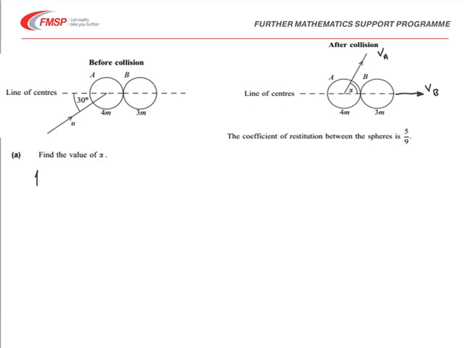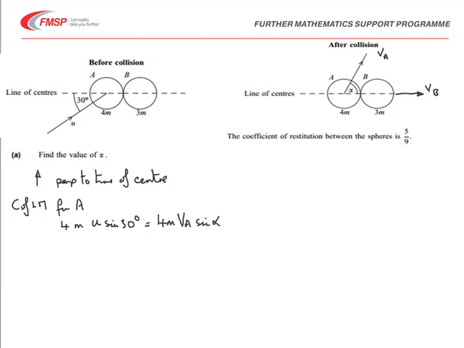So perpendicular to the line of centres, then there's only A's momentum to consider, so we can use conservation of linear momentum for A, and that gives us that the mass 4m multiplied by the velocity in that direction, which is the sine component, so u sine 30 degrees, will be equal to 4m and the velocity VA and sine alpha.